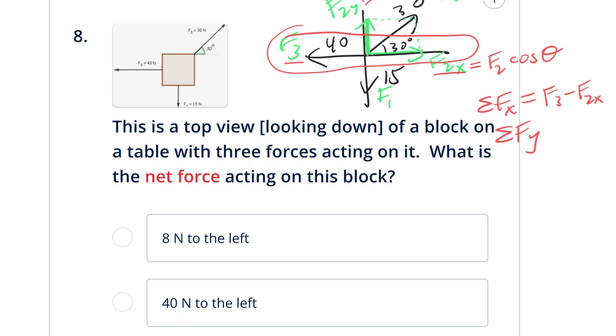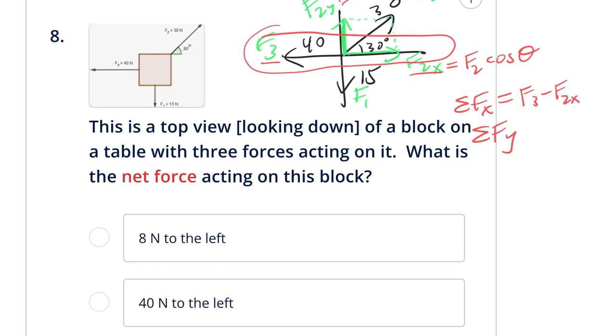So 30 times sine of 30 is 15, and you can see that this is 15. So Fy, the net force in the y direction, is going to be 0, because these two are going to cancel each other out.